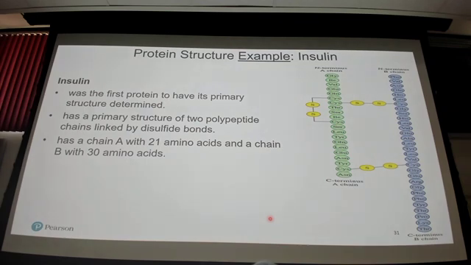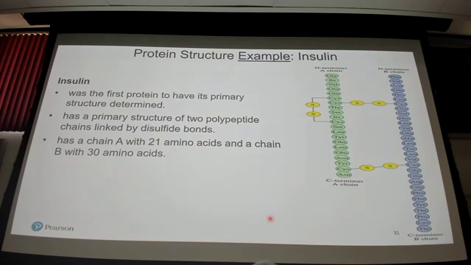Okay, so here is just an example of protein structure. Insulin's structure was discovered only about 100 years ago, which is interesting, how fast technology and research have advanced, because now there are a lot of drugs targeting insulin and the pathways involved in it.